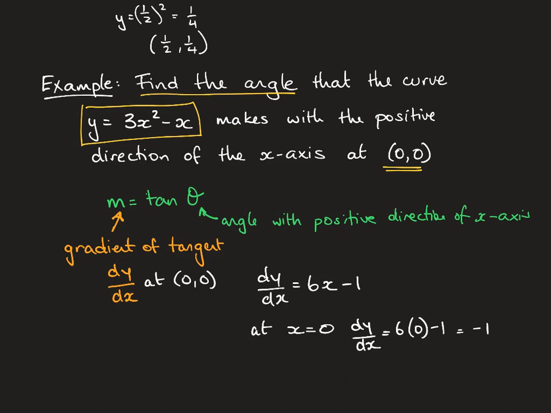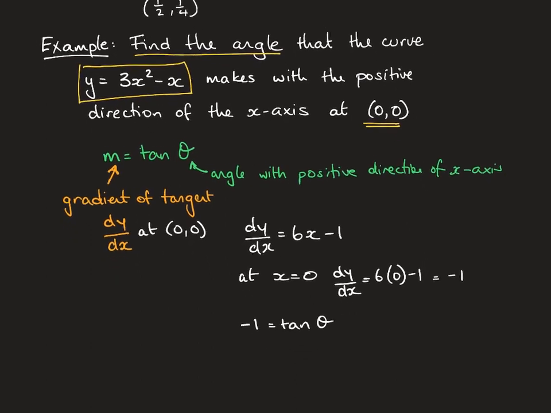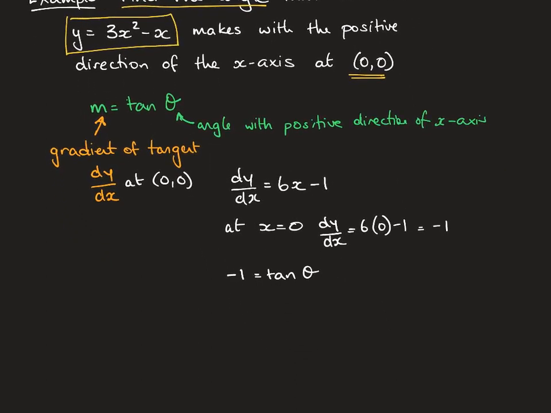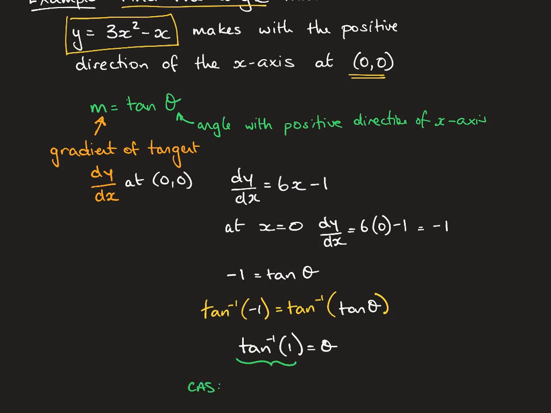And so we can put that together with our formula for tan theta. And so we have that minus 1 is tan theta. So to get theta, we take the inverse tan of both sides, and we end up with inverse tan of minus 1 is equal to theta. Now when we do that on our CAS calculator, or on any calculator in fact, it will tell us that it's minus 45 degrees, or that it's negative pi on 4.